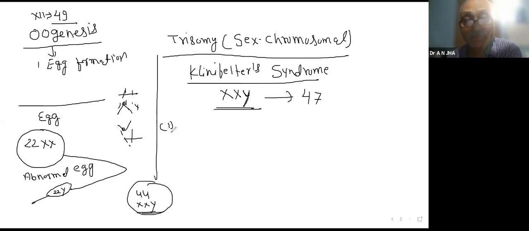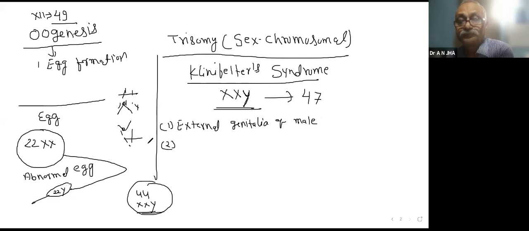First, the external genitalia, the sex organ of the male. Number 2, it has a typical feature, gynecomastia.